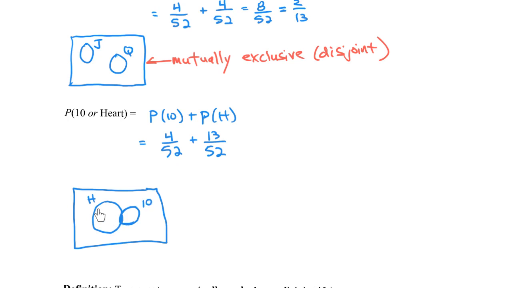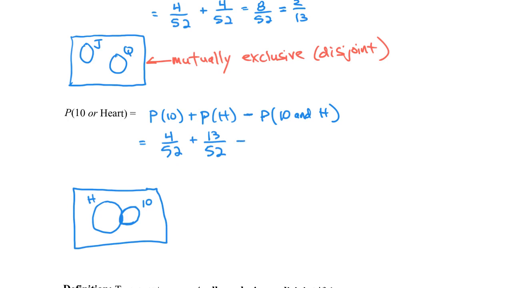The 10 of hearts is in the heart group, and the 10 of hearts is also in the 10s. So we basically counted it twice here. So what we have to do is subtract out one of them. So in the formula, we have to subtract out the probability of getting a 10 and a heart. So we want to count the 10 of hearts, but we don't want to count it twice, so we have to subtract this off. So this formula is a little bit longer.